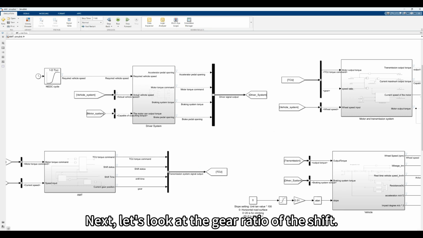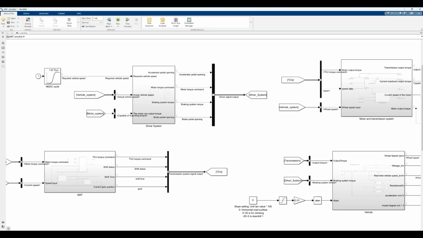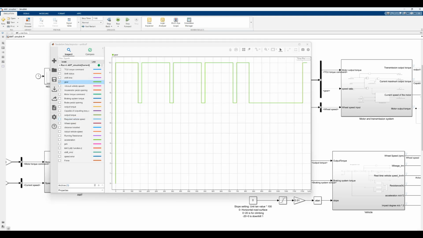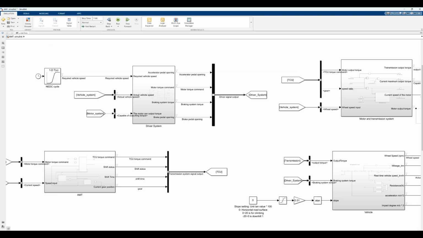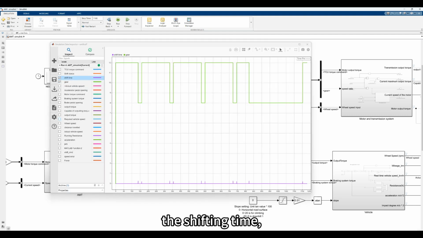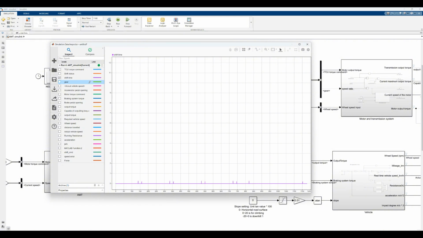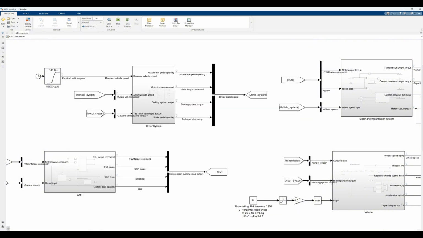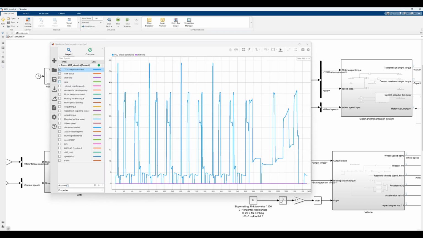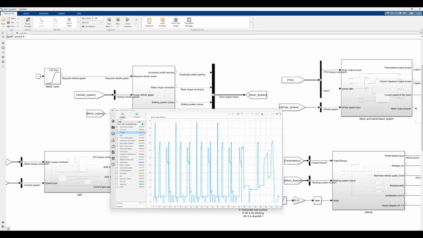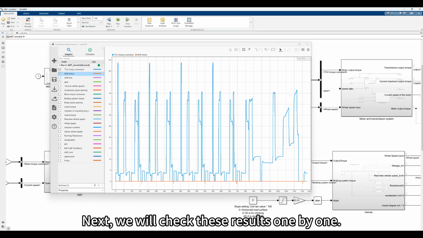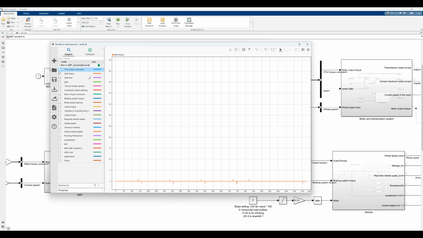Next, let's look at the gear ratio of the shift. The shifting time. Next, we will check these results one by one.